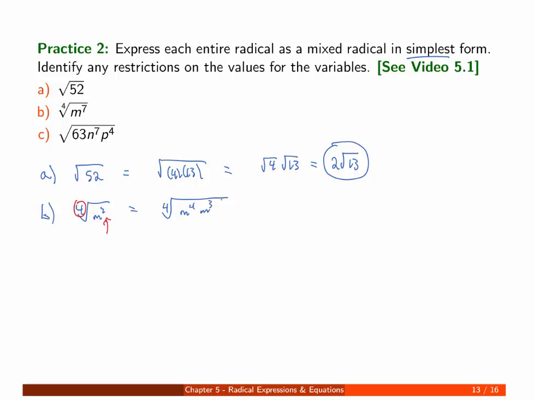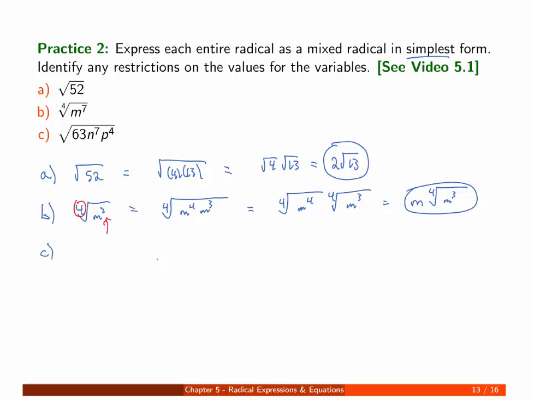Remember, multiplication of variables like this, you add the exponents. So this is equal to the 4th root of m to the 4 times the 4th root of m to the 3, which won't simplify, but this will simplify to be m 4th root of m to the 3. So it's kind of interesting. You're actually almost making it look uglier. Okay, simplifying isn't very intuitive in this case.